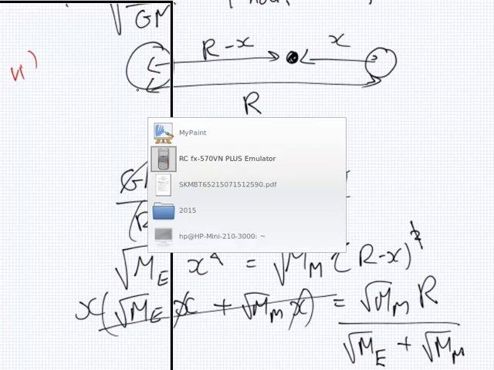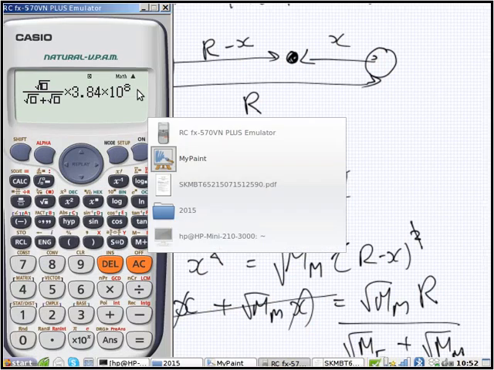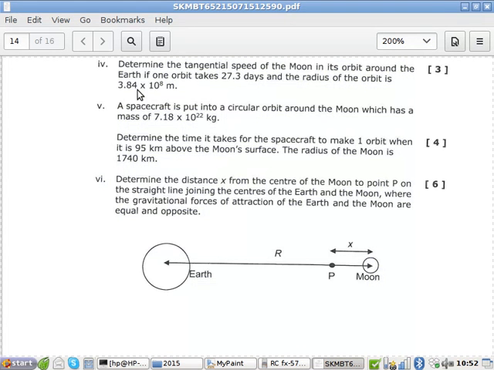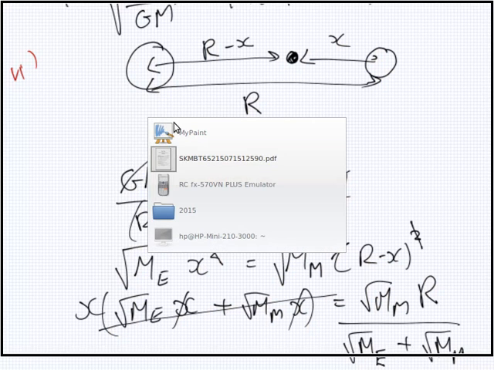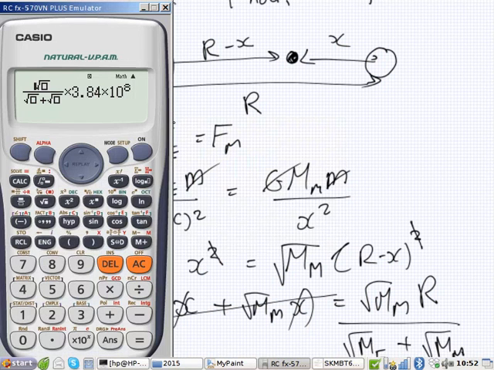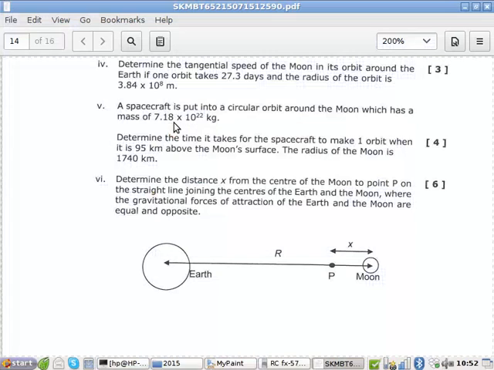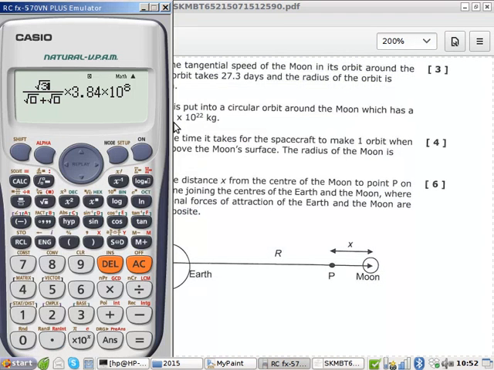The mass of the moon was 7.18 times 10 to the 22, which goes on the top and in the bottom as well.